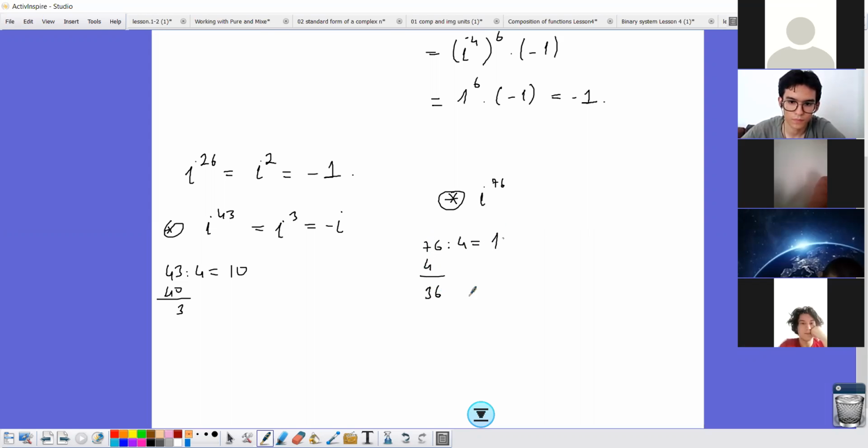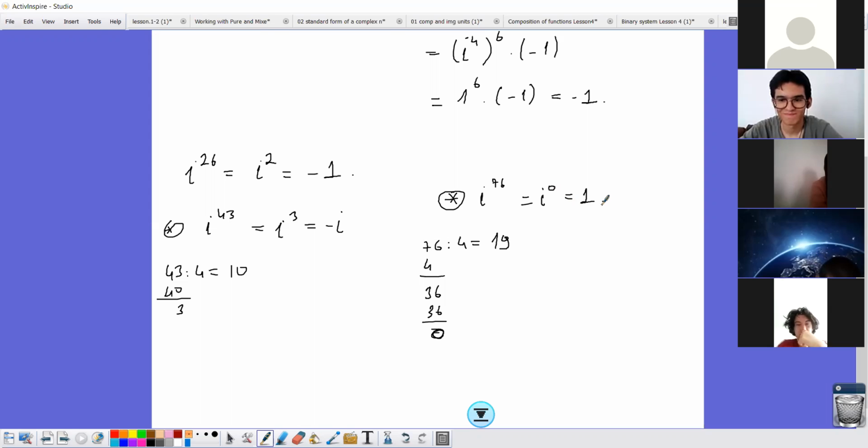So because there is no remainder, it's 0. It will be i to the power of 0, which is 1. Salman has his own way. How did you get it, Salman?